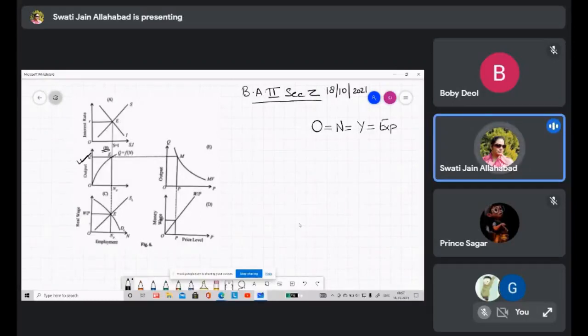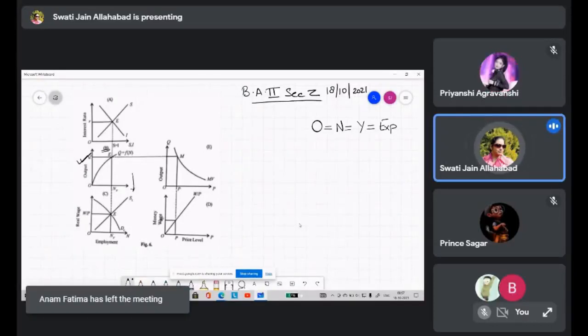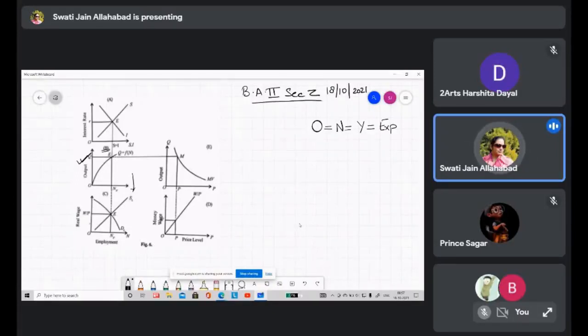This is what is shown here, B part. So given the production function, output and employment level are simultaneously determined. And from this diagram, you move to the C part and you decide the labor market equilibrium. Okay, so in this labor market, the real wage is determined.